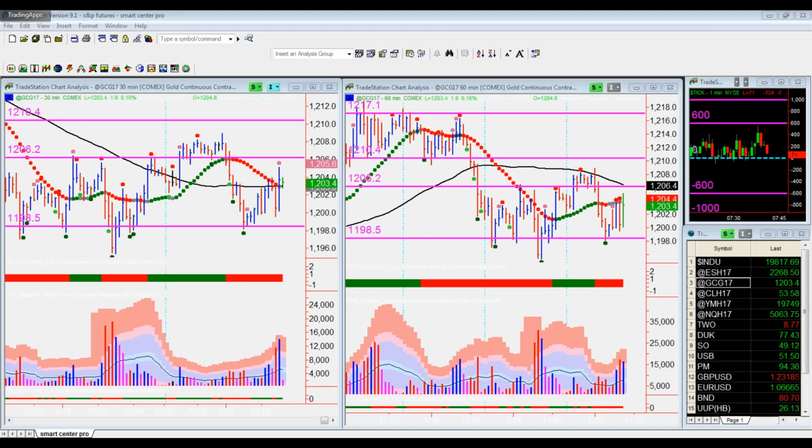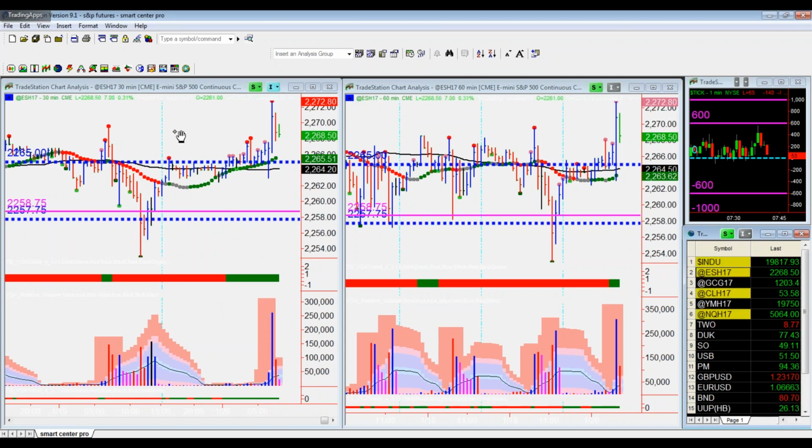NASDAQ. Back to the S&Ps. If the market changes behavior, well, maybe get a fallout and have it fall through here. Then I'll go with the flow, but in the meantime, I'm going to stay bullish until 66.